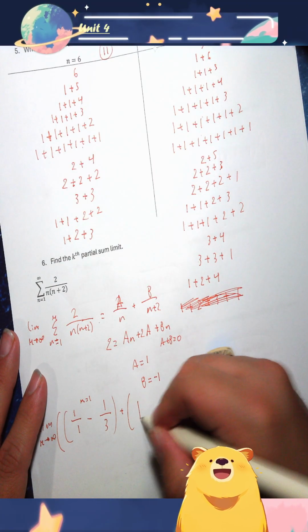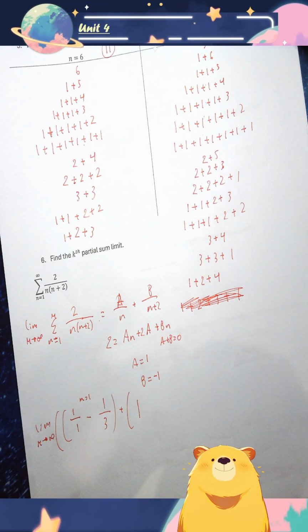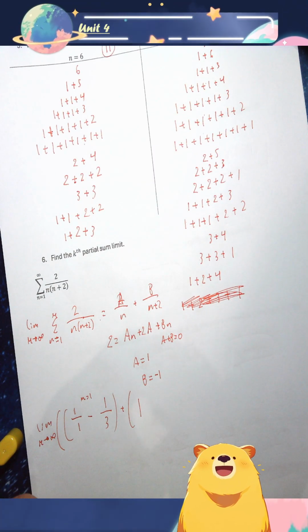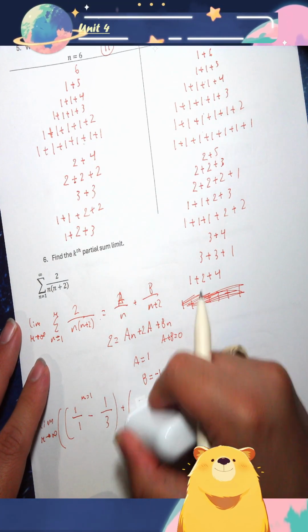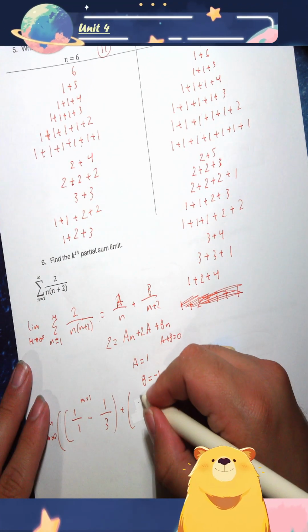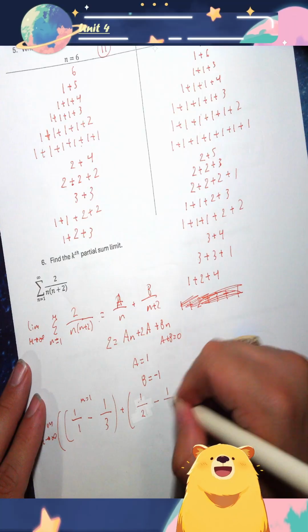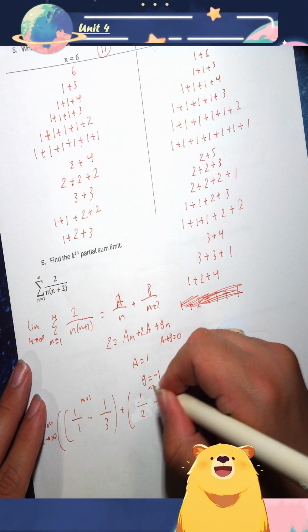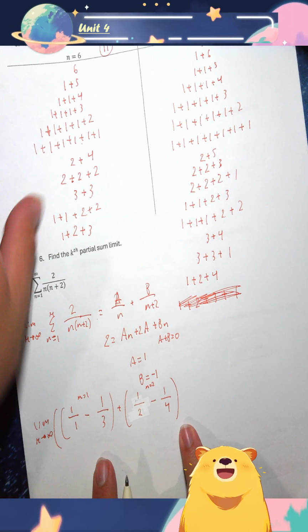Then we have 1. Oh, wait. I wrote a huge one. 1 over 2 minus 1 over 4, but n is 2. And so far, we're not seeing anything cancel out yet.